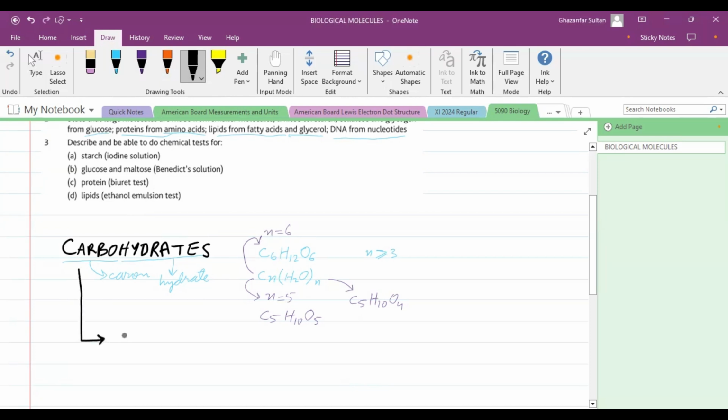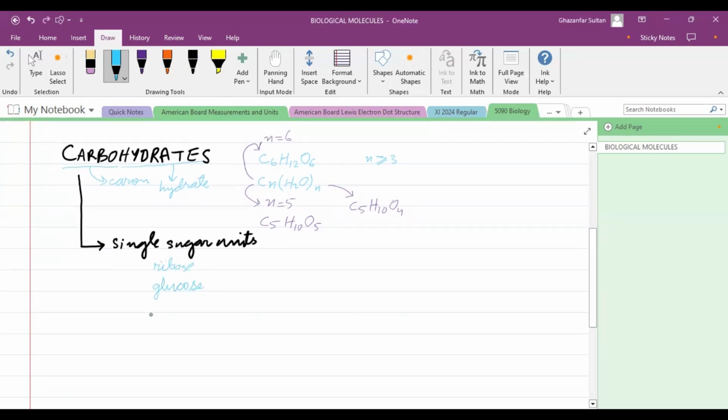Some carbohydrates consist of single sugar units. Those carbohydrates which comprise single sugar units include ribose, and the most common is glucose. And in DNA, we have deoxyribose.